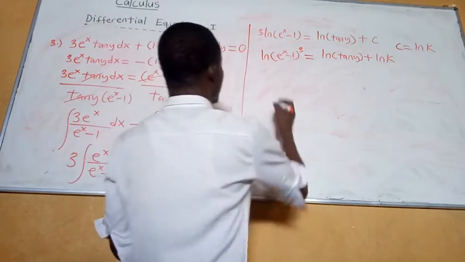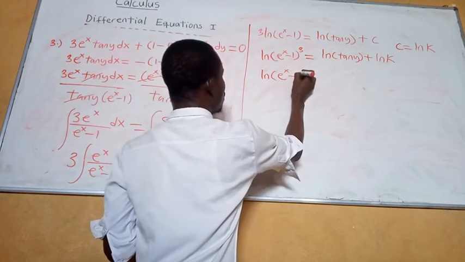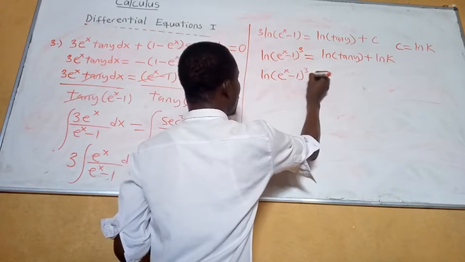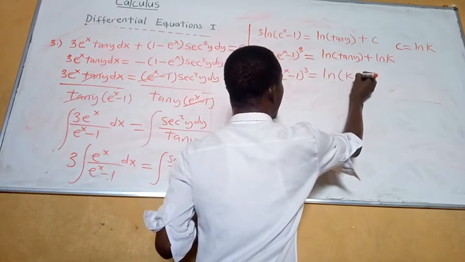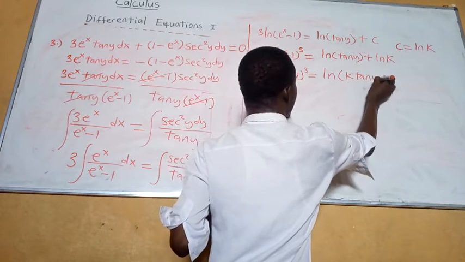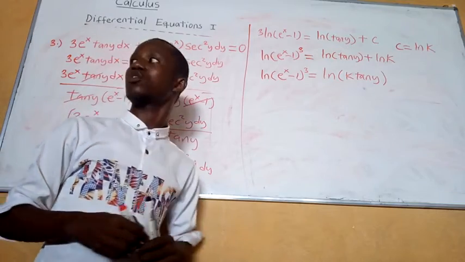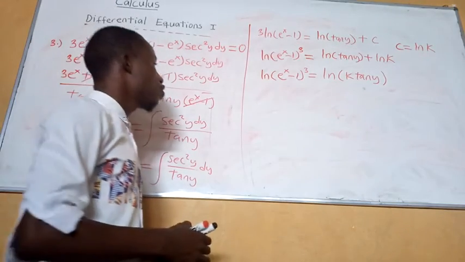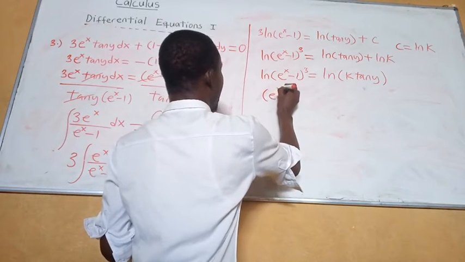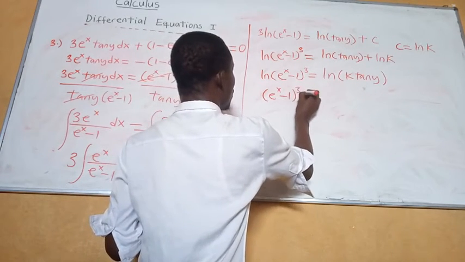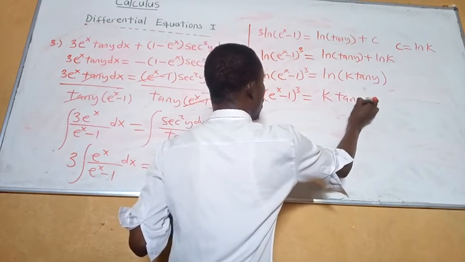So we have ln of (e^x minus 1) cubed equal to ln of k tangent of y. You can see that ln on the left hand side cancels ln on the right hand side, so we have (e^x minus 1) cubed equal to k tangent of y.